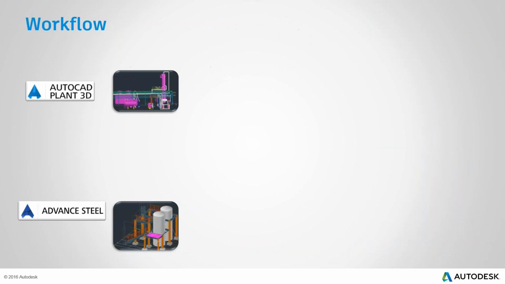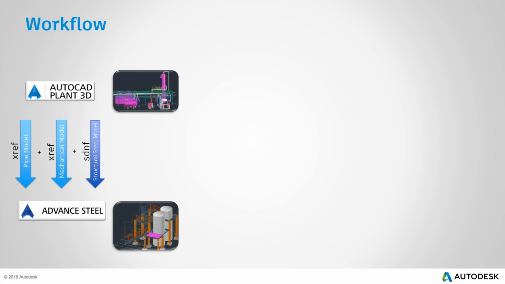Now some of the workflow procedures that I'm going to go through again with other Autodesk products. With my experience in the plant industry, we can export and XREF our Plant 3D model into Advanced Steel.